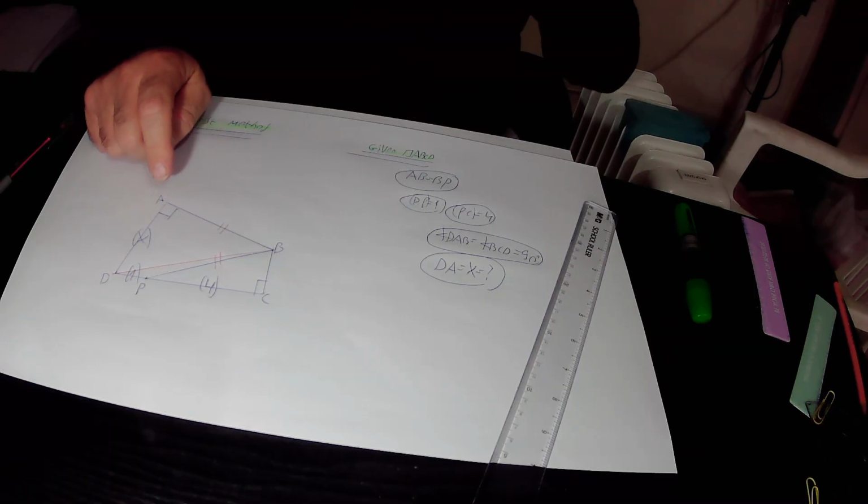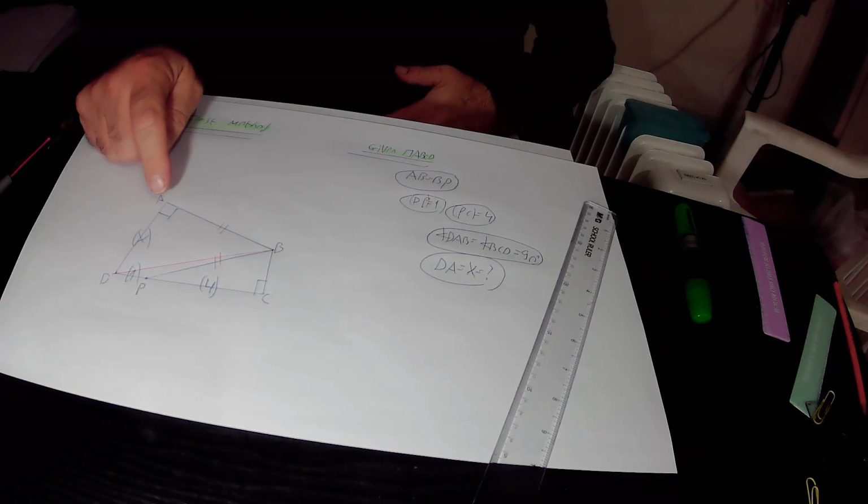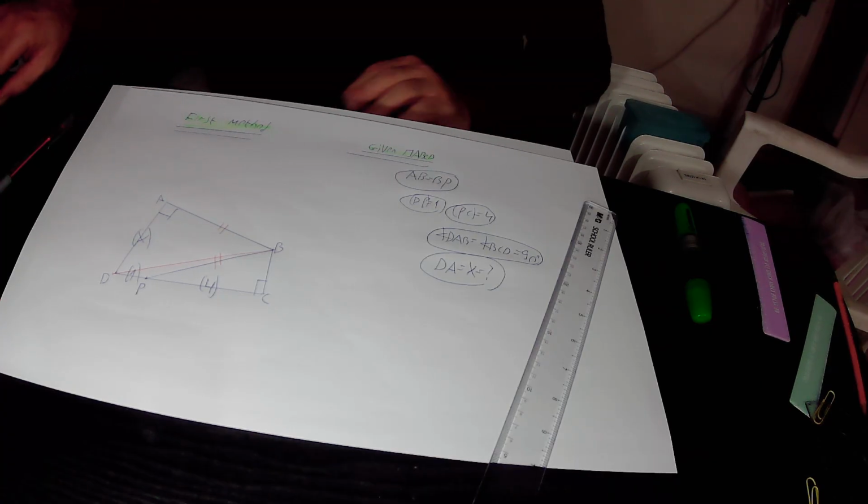First, we will implement the Pythagoras theorem on this upper right triangle ABD. According to the Pythagoras theorem, in any right triangle, the square of the hypotenuse equals the sum of the squares of the perpendiculars.